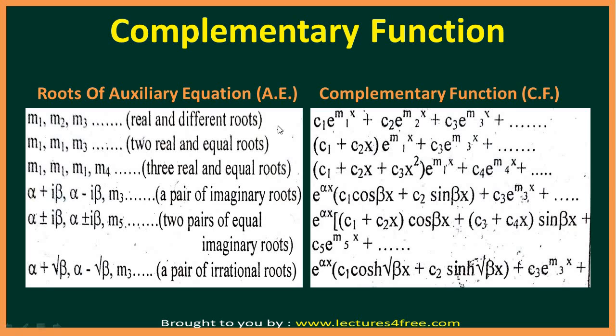Then you will get the complementary function like this: c1 e to the power m1x, c2 e to the power m2x, c3 e to the power m3x. Means for each real root you get one constant and one exponential term whose power is that real root, m1x.